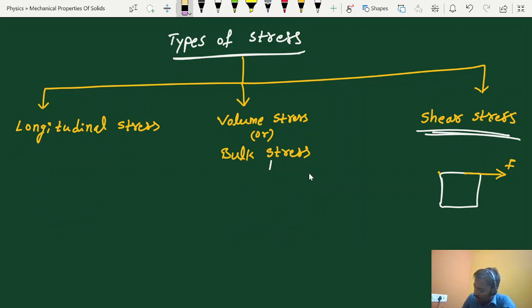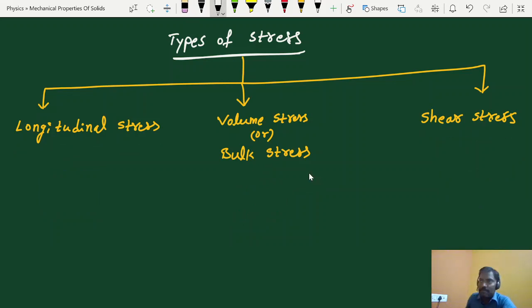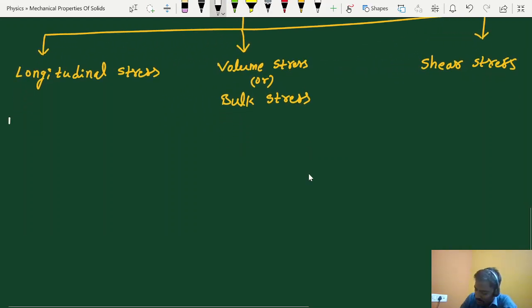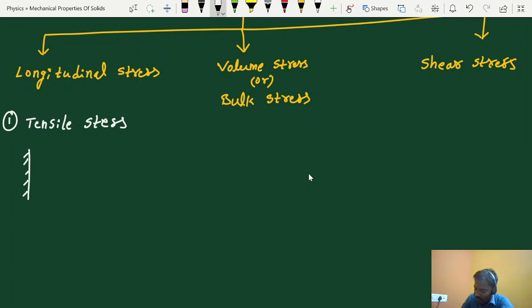in longitudinal stress we have two different types to understand. The first one is tensile stress. Tensile stress is nothing but, see, first of all, longitudinal stress is nothing but if the force acting is perpendicular to the surface.